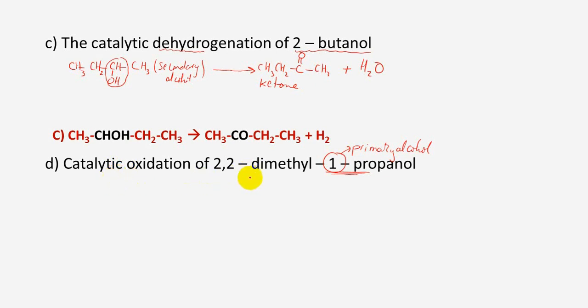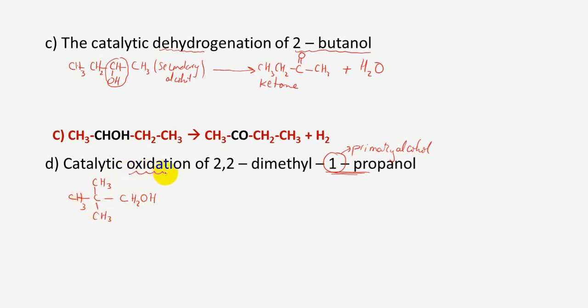Then we write the condensed structural formula of 2,2-dimethyl-1-propanol. 1, 2, 3, this is the primary alcohol. On position number 2 we have the dimethyl group, CH3, CH3, and this is CH3.